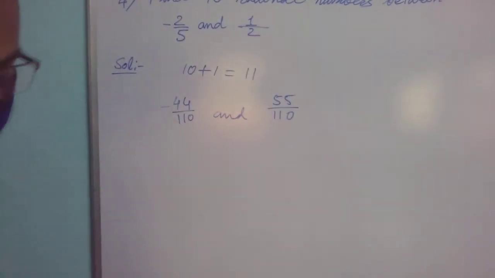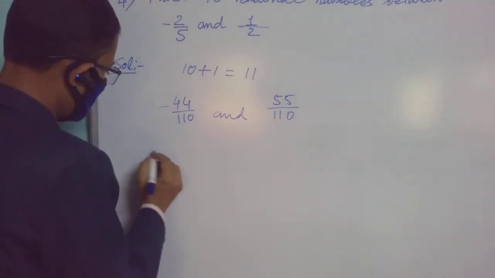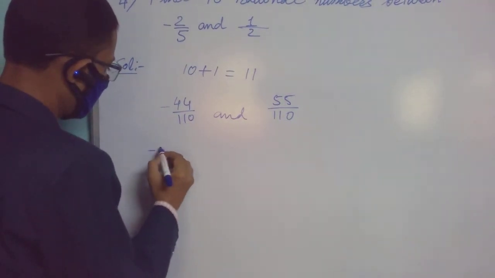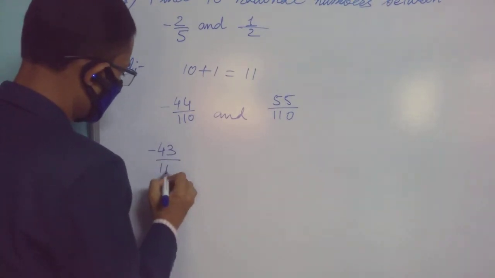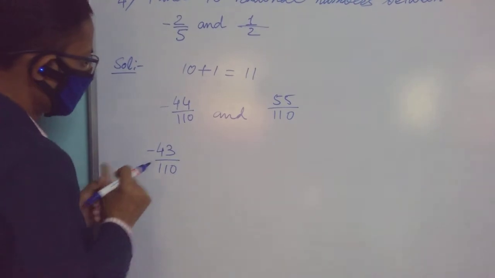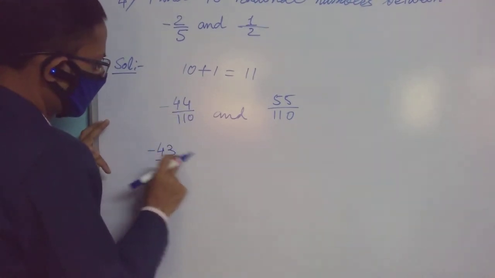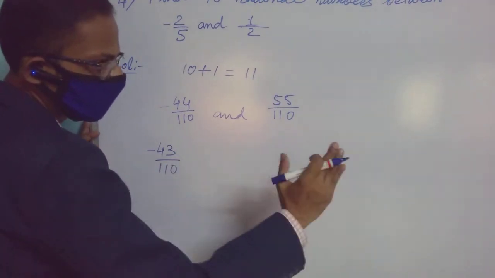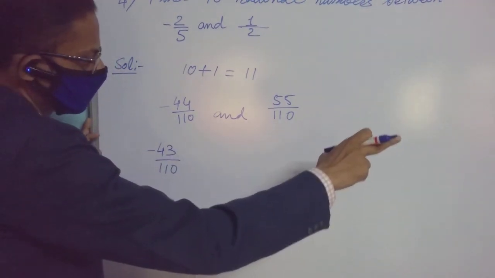Now you can take any 10 rational numbers in between this, like minus 43 by 110, which is greater than minus 44, on the right hand side. I am going towards the right hand side of the number line.